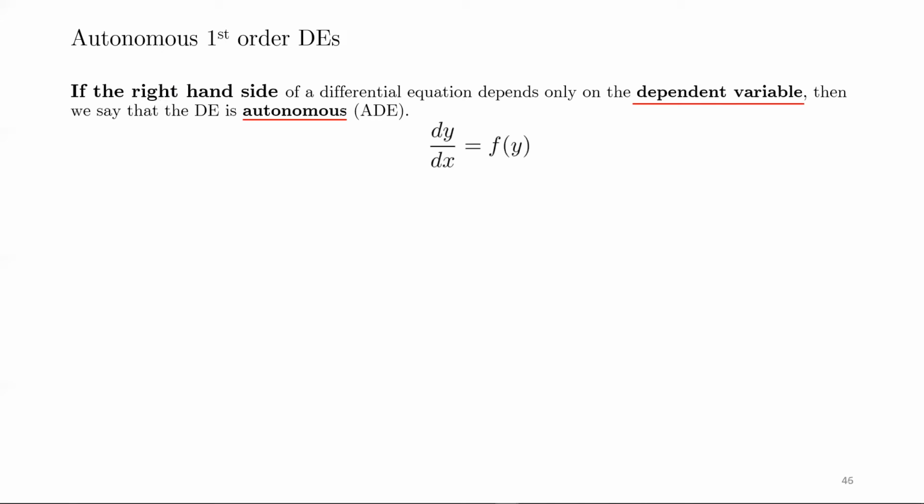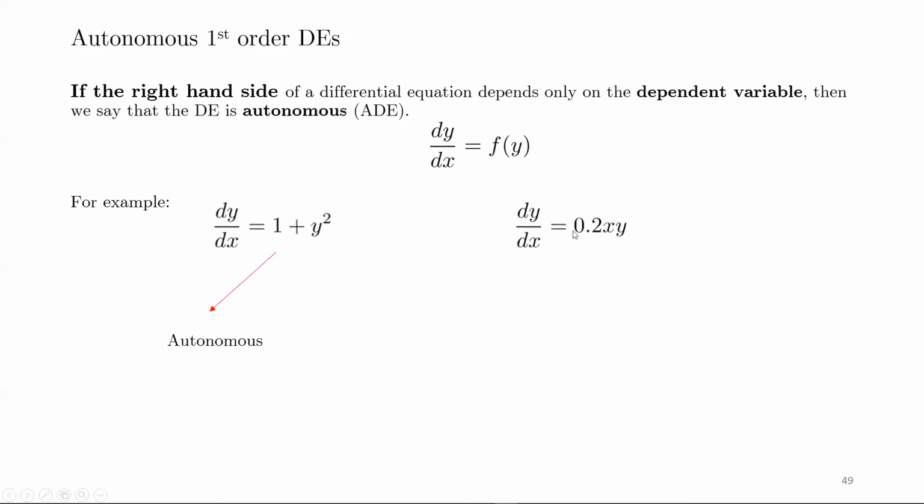So we focus on first order autonomous differential equations of this form: dy by dx, so first order, equals some function of y, so there is no x dependence here at all, only a function of y. For example, if I give you the differential equation dy by dx equals 1 plus y squared, and the differential equation dy by dx equals 0.2xy, the first is autonomous because the right hand side is only a function of y.